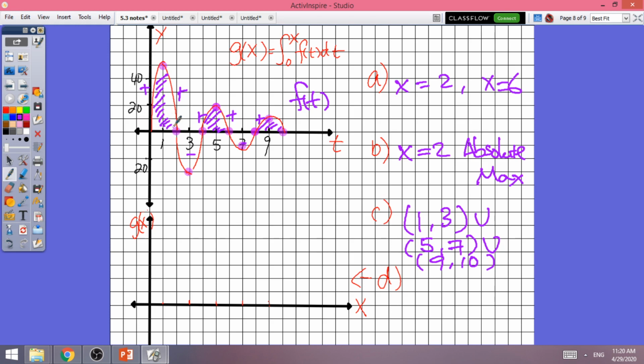So 10, 20, this one is about 30, 40. This one over here is almost another 20, but a little bit less. So again, 10, 10, 10, 10, that's 40.